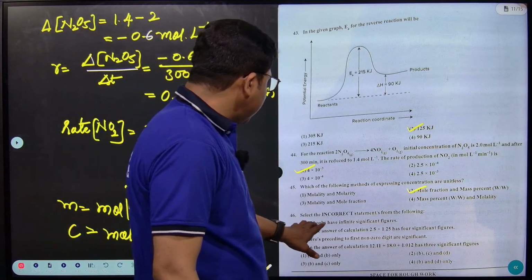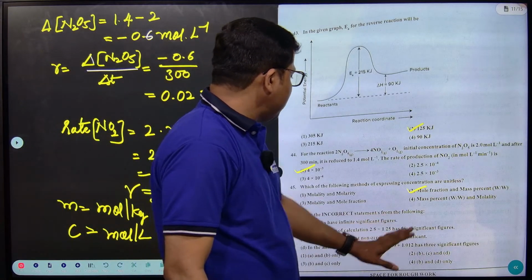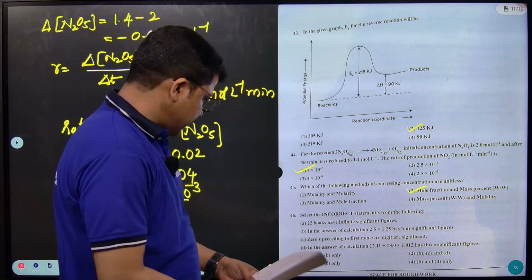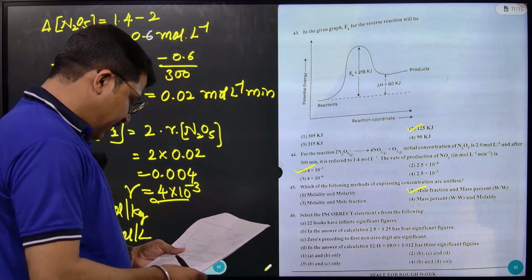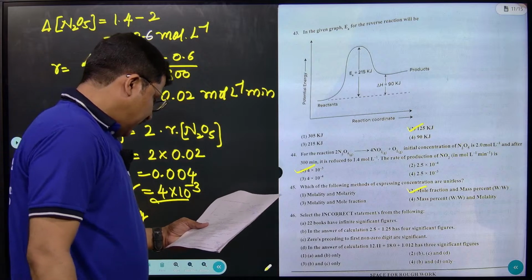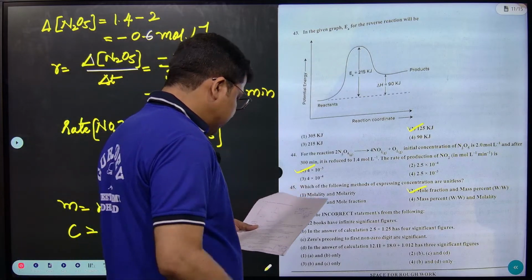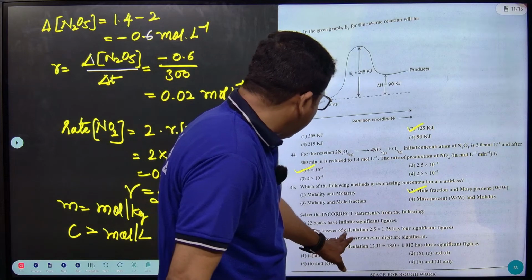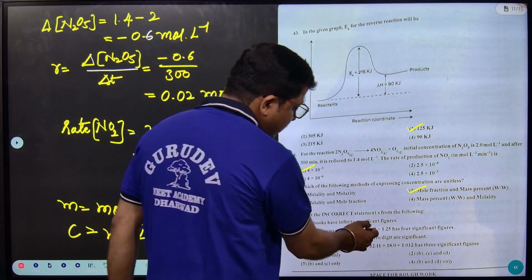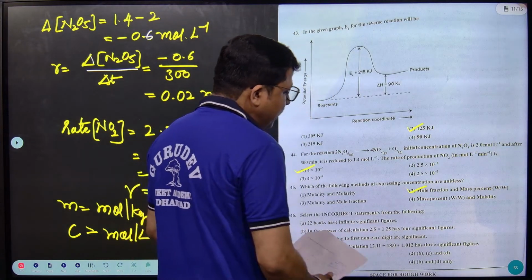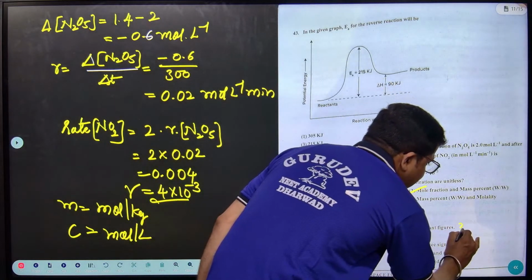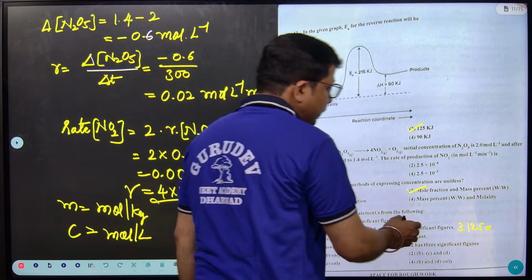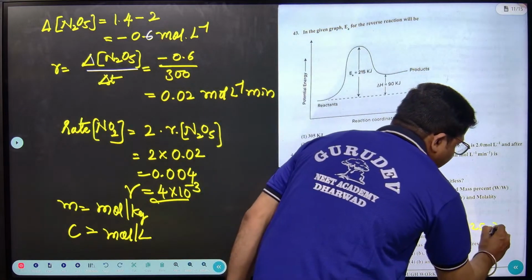Okay, and select the incorrect statements for the following. Statement A: 22 books have infinite significant figures. Next, the second one: in the calculation of 2.5 into 1.25, the answer will be 3.125, which is rounded to 3.12.